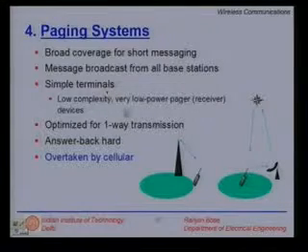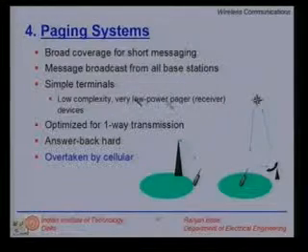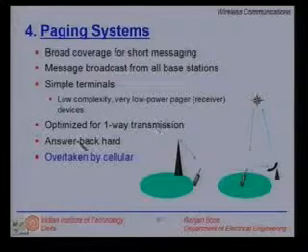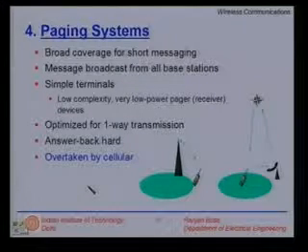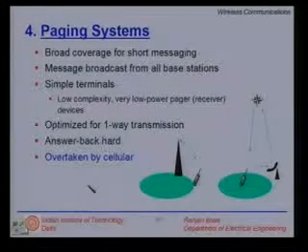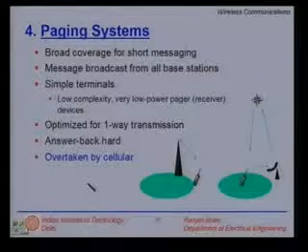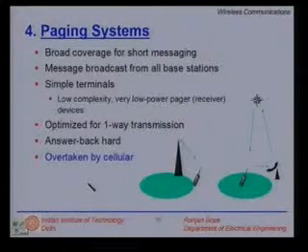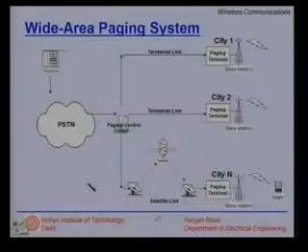Simple terminals, low complexity, low power consuming, optimized for one-way transmission, but answer back is hard. Unfortunately, today it has been overtaken by cellular communications. What is optimized for one-way transmission? Paging systems can receive information.